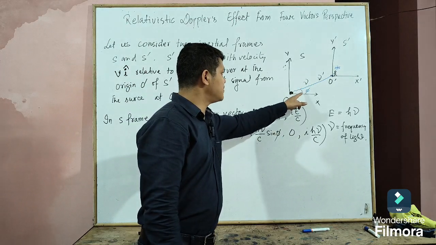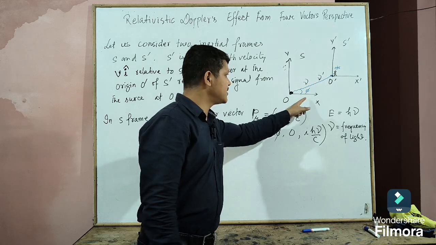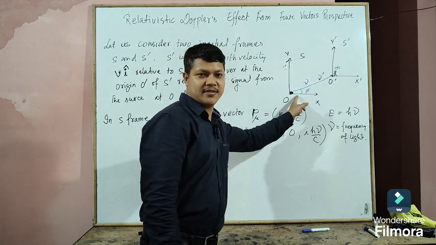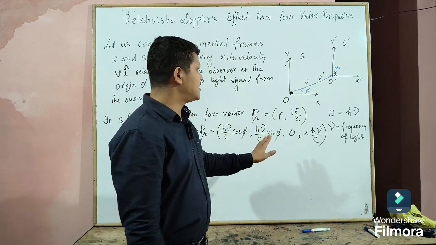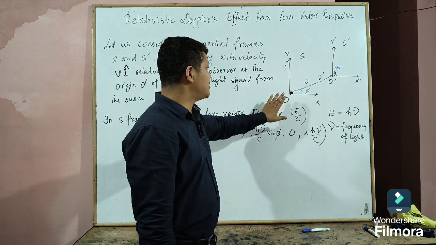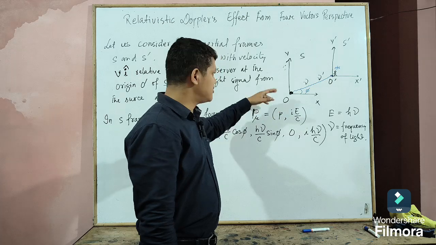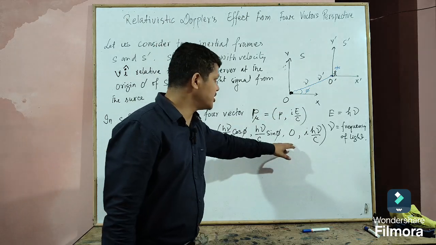This phi is made along with the x-axis. That's why this should be cos phi and this should be sin phi, right? And here we are not considering the z-axis. That's why the z component is 0.